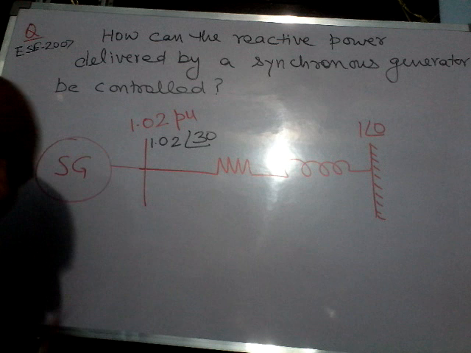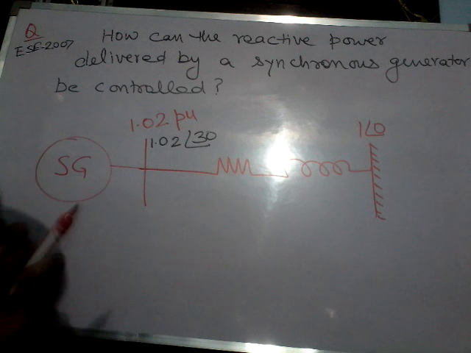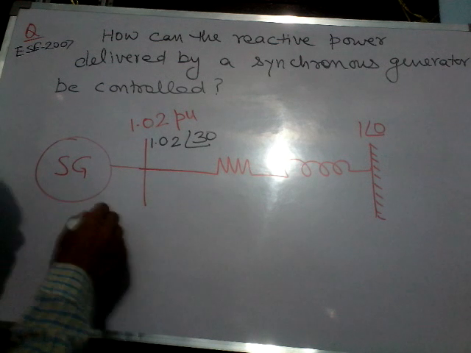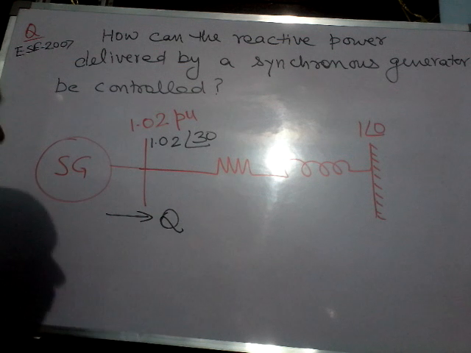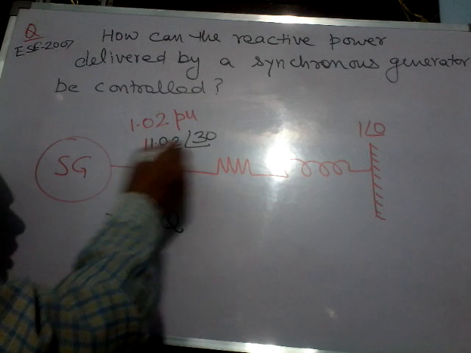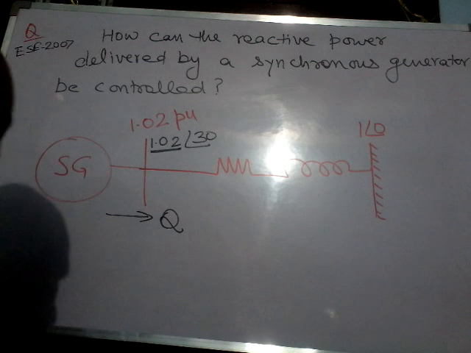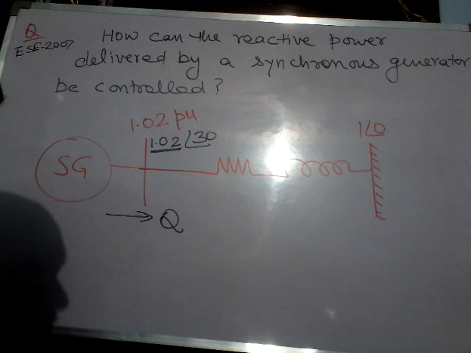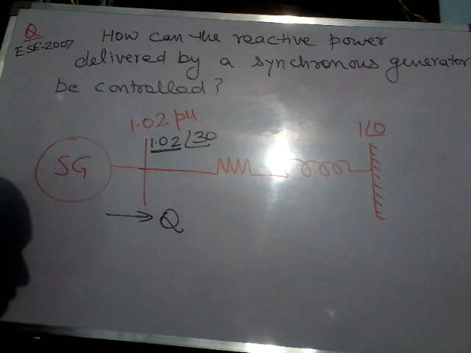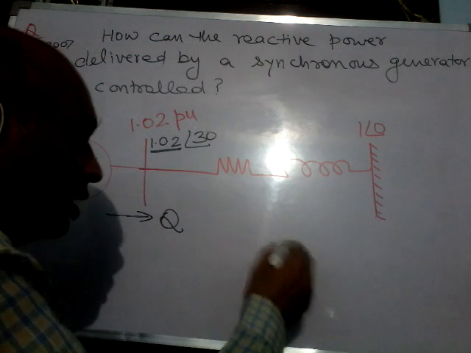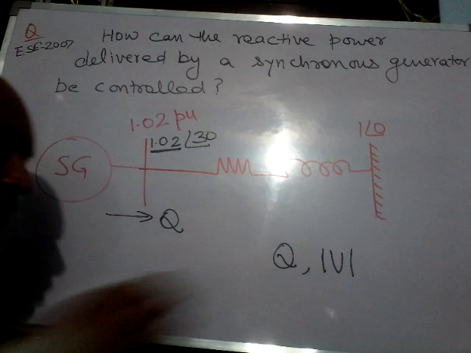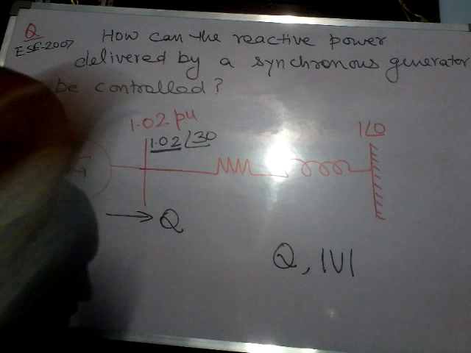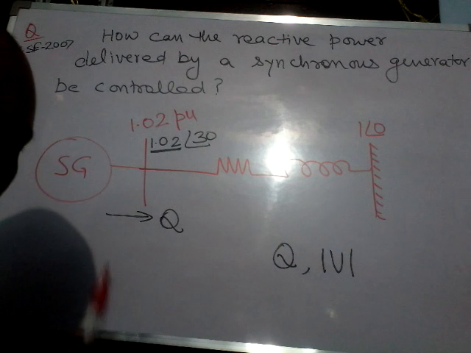If the synchronous generator is running at high DC excitation, it will supply more reactive power and its terminal voltage will also increase. In a power system, reactive power and voltage magnitude are correlated.